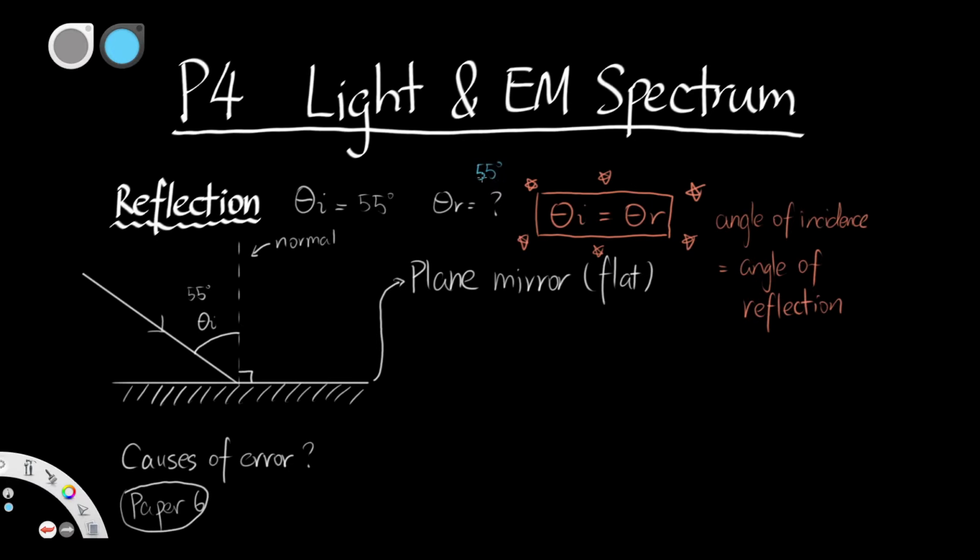But let's suppose we don't know that, okay? And we're going to find out later. So, we're going to draw this ray diagram, and we know that theta r is going to be 55 degrees, unsurprisingly. And by definition, we know that theta r is also the angle between the normal and the reflected ray.